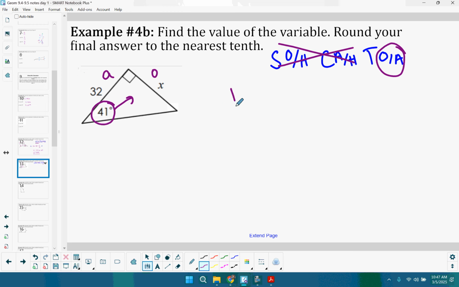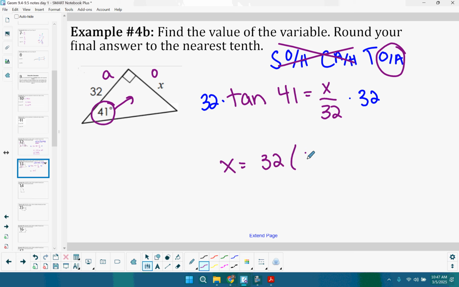So we're going to set up tangent 41 equals O over A, so that's going to be x over 32. Again, to get rid of the divided by 32, we're going to multiply by 32 on both sides. So x is really equal to 32 times the tangent 41. And typing that into my calculator, I get x equals 27.8.